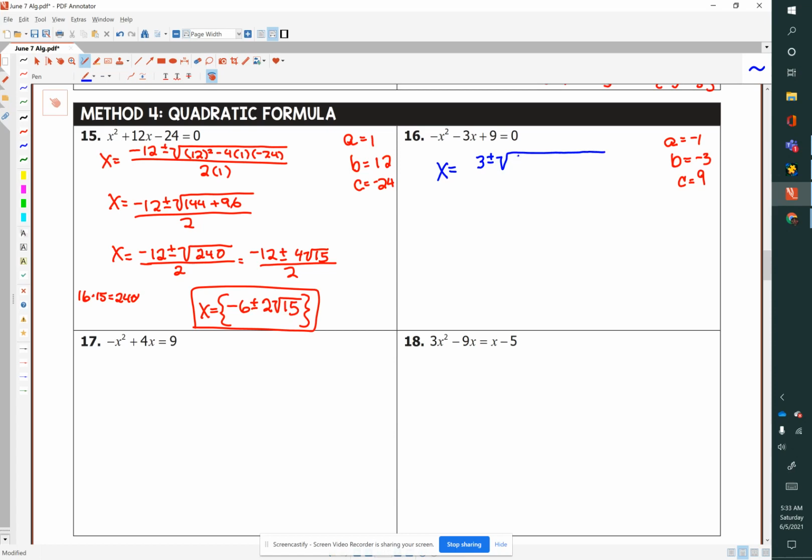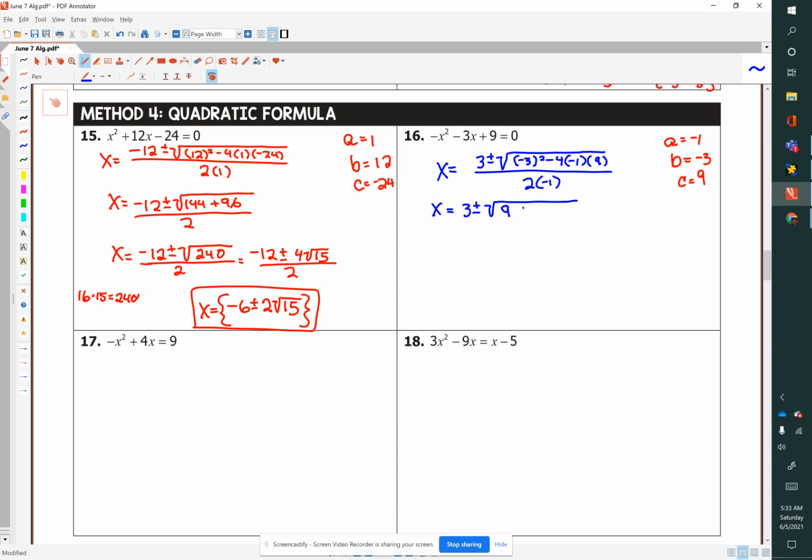And now in the parentheses, -3 squared minus 4 times -1 times 9. And all of that is over 2 times -1. And we'll start simplifying all of that. So we've got 3 plus or minus, and we've got our radical.